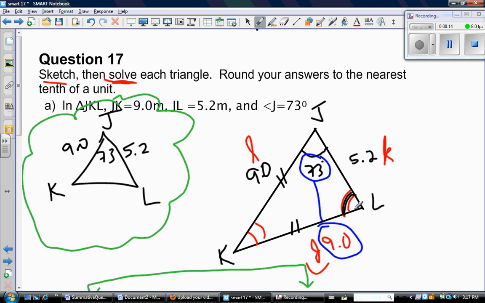Whatever. Okay, now, finding the length of K, you have two choices. Sorry, finding the angle K, two choices. One choice is to go back and use sine law again, but this time solving for K. Your other option is that you could use the 180 principle. So 73 plus 73 plus K must equal 180. So I'm going to use sine law just so that I can use the 180 principle as a nice check.